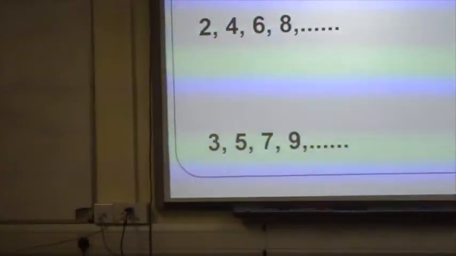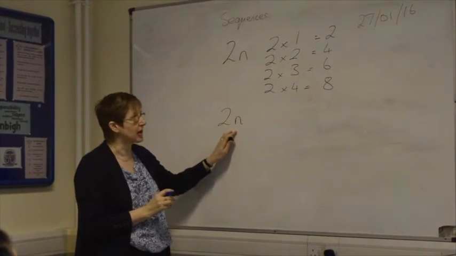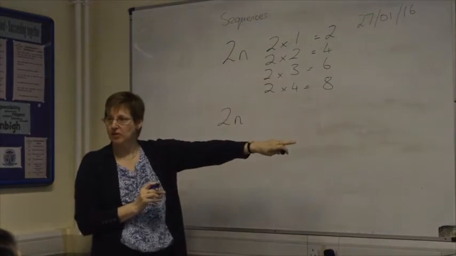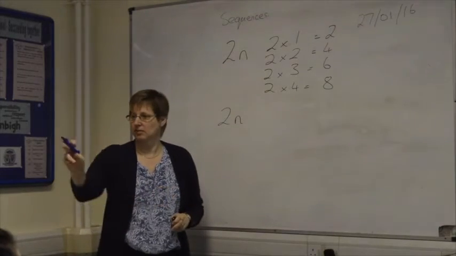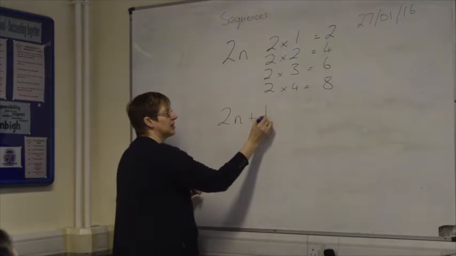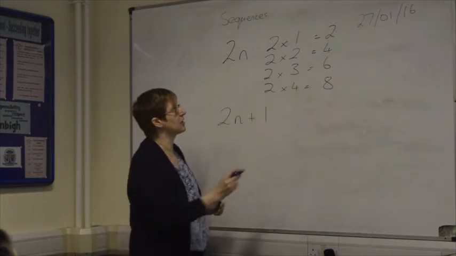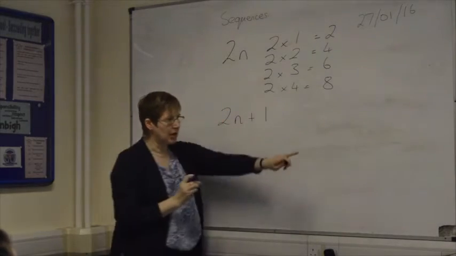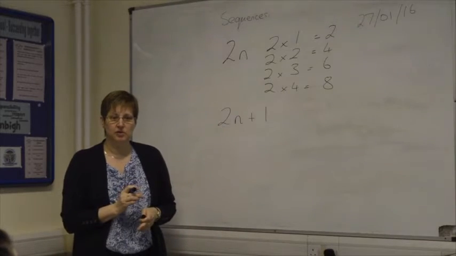So instead of saying 2n, how could I adjust my 2n, or how could I add to my 2n, to generate something that would tell me about 3, 5, 7, 9? 2n plus 1. Because my 2 times table starts at 2, but my new sequence starts at 3, which is 1 more than 2.